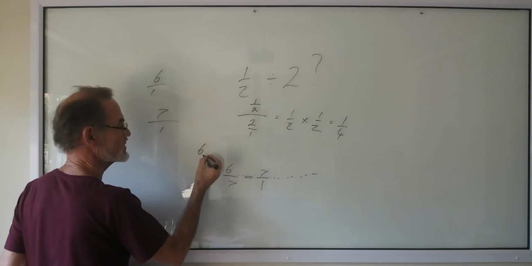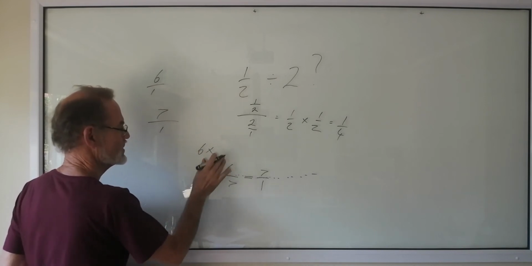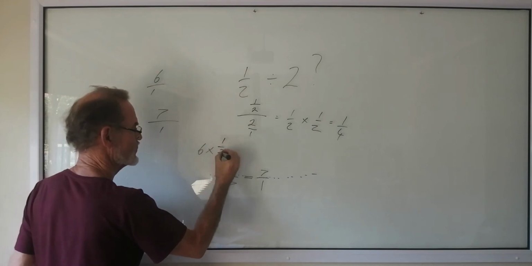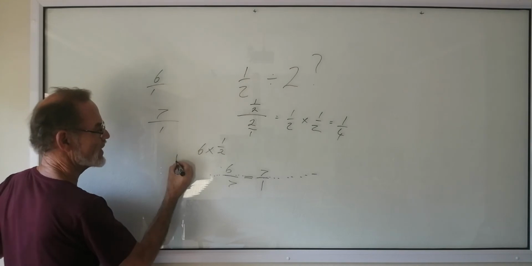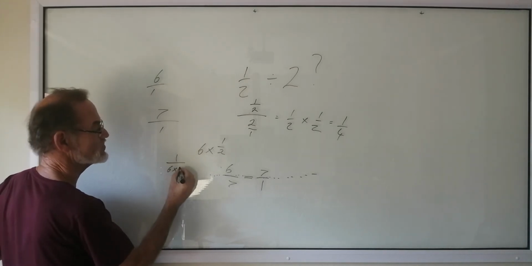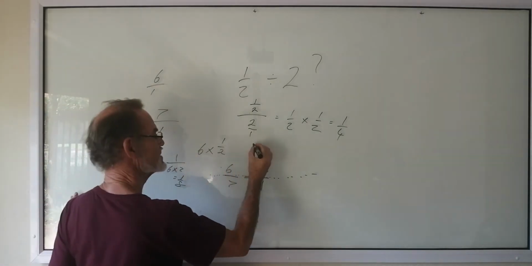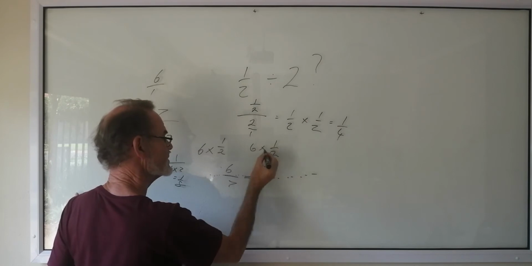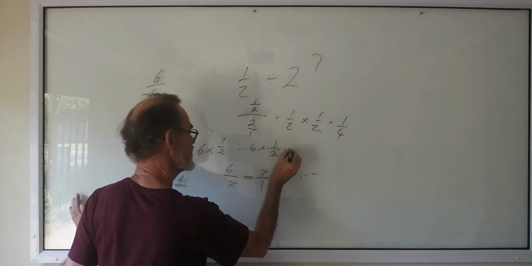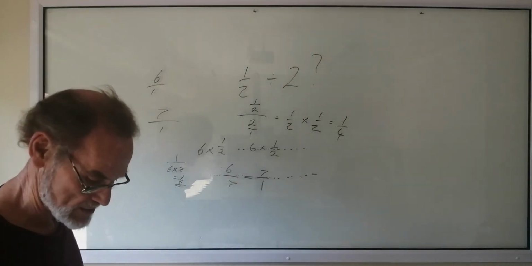You can't say 6 times 1 over 2 written carelessly, because that looks like 1 over 6 times 2, which is 1 over 12, which is not the same. This is 6 times 1 over 2. This line is in the middle. So make sure you always know what's top and what's bottom.